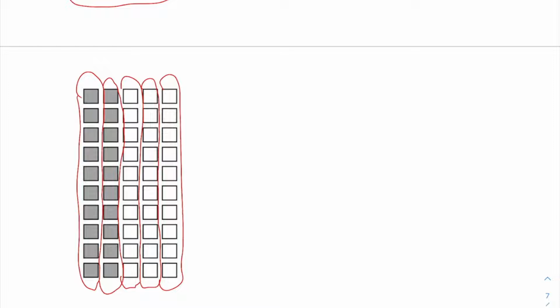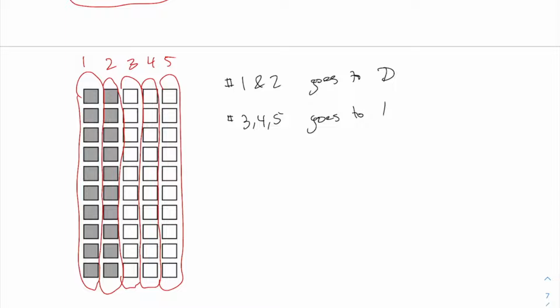And in any case, here if I label them 1, 2, 3, 4, 5, so this time number 1 and 2 goes to the D. Number 3, 4, 5 goes to the L. So this arrangement gives me 3 L's and 2 D's, right?